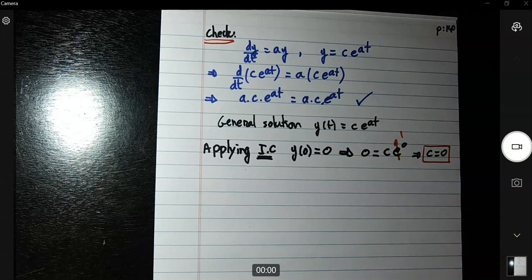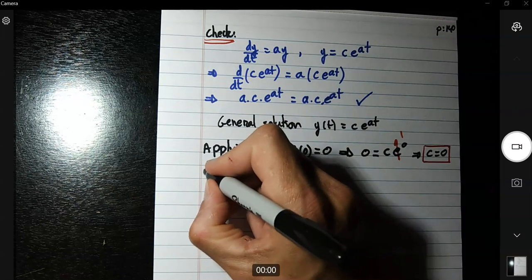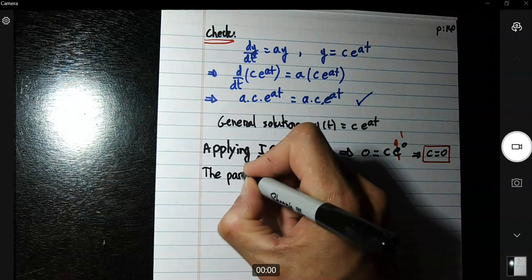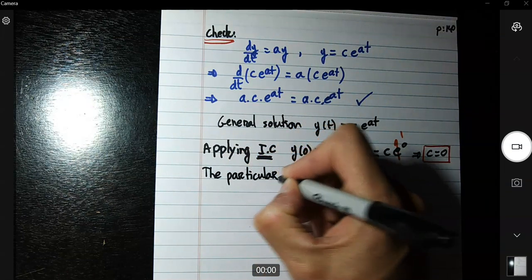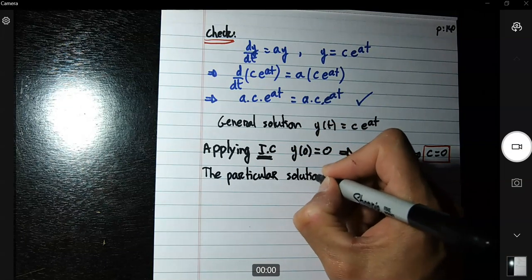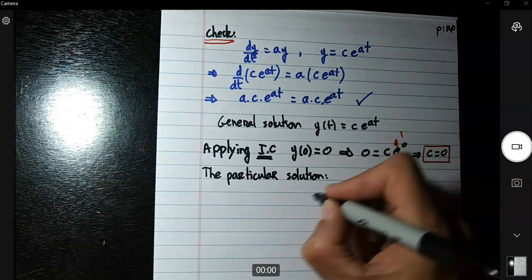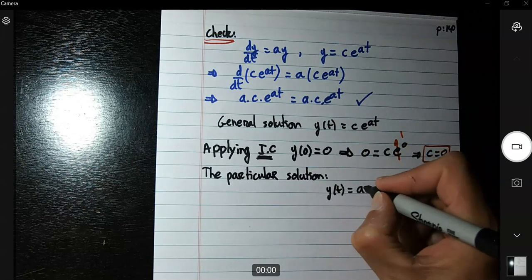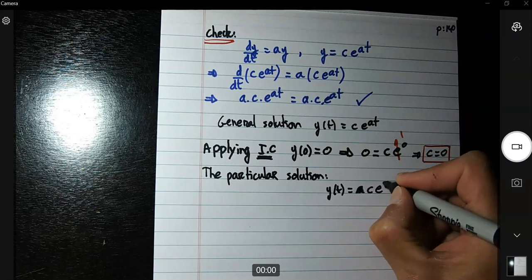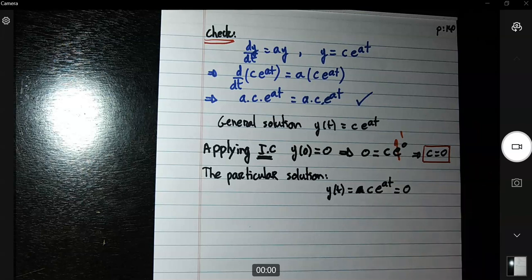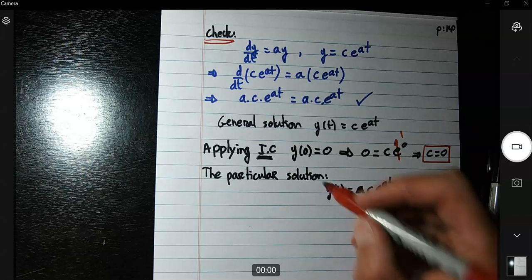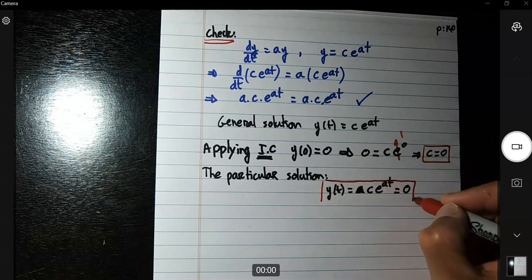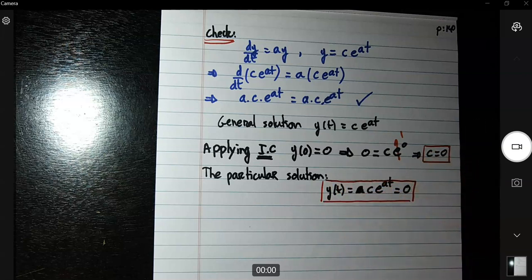The problem is that this indicates that the particular solution, which is basically y of t equal to c exponential at, is equal to 0. And if we go back to the differential equation, dy/dt equal to a y will give 0 equal to 0.